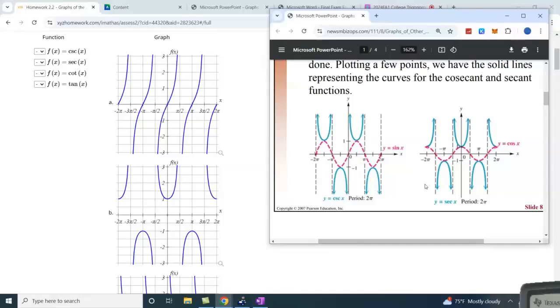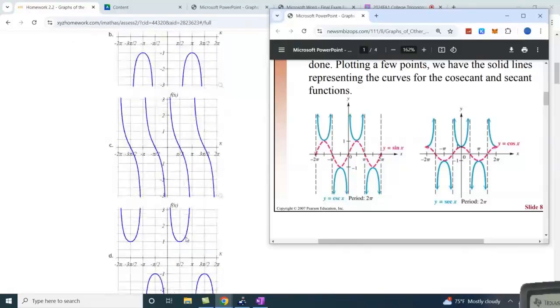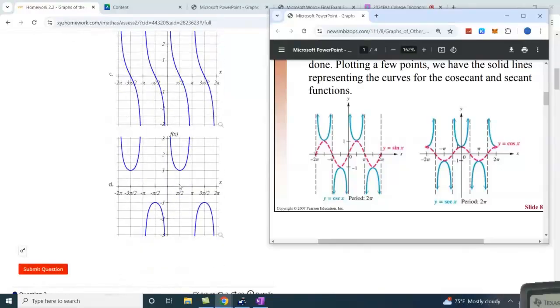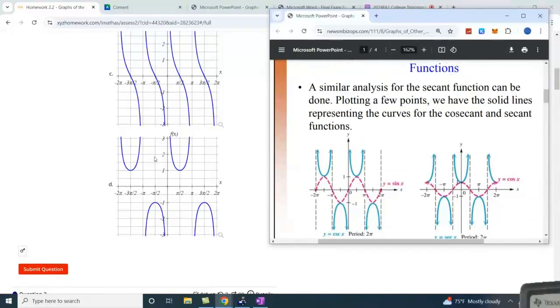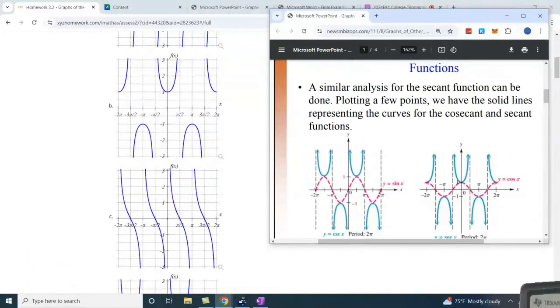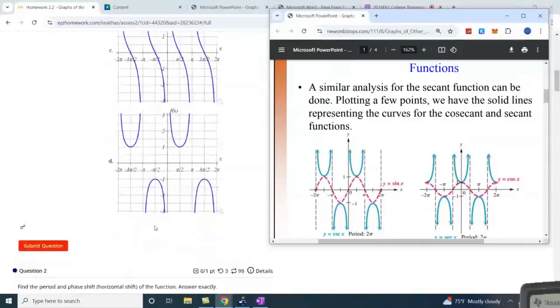So that's how I can distinguish between the two. So graph B is going to be a what? Secant graph, right? Because this graph touches the y-axis, so this is a secant graph. And then by process of elimination, D is going to be the cosecant. All right, so that's problem number one, just matching up the basic function with its basic curve.